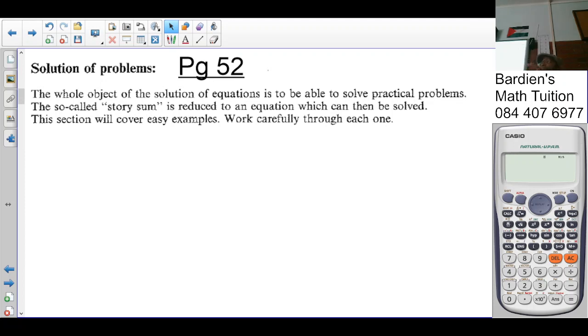Remember, we bring an X into the story, not so?